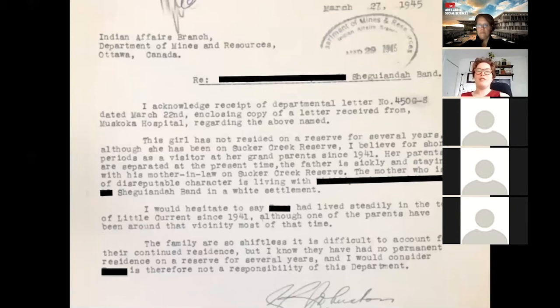So this idea of being shiftless is tied both to questions of poverty and to what it means for people to be white or to be Indigenous at that time. So just by looking at a couple of letters, we can see a lot of different themes in the history of Indigenous settler relations.